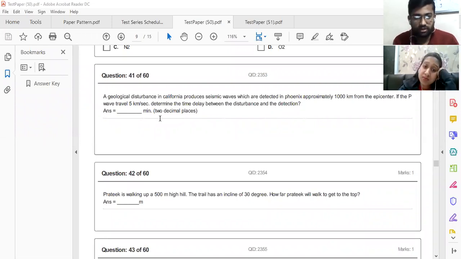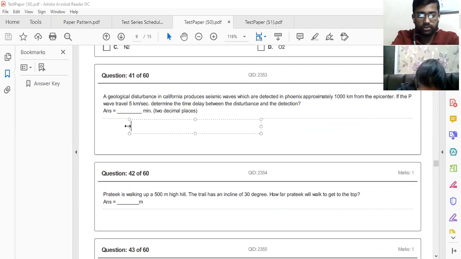Okay. In this question, only the language is fancy. But the basic concept is speed is equal to distance upon time. You need to use the basic formula, speed, or you can say velocity, distance upon time.